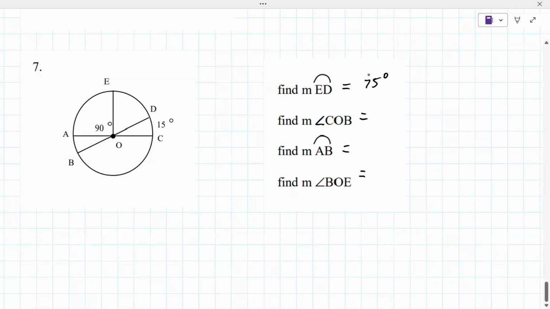Agreed. COB is 165. Okay, agreed. AB is 15. And BOE, hold on, I'm making sure I'm looking at the right thing, is 195.